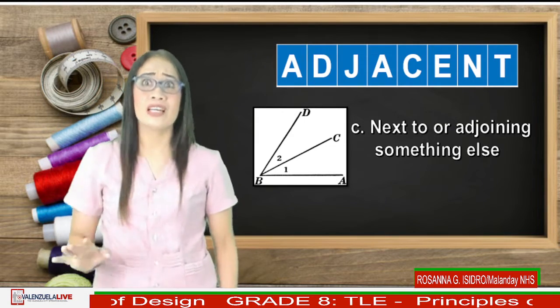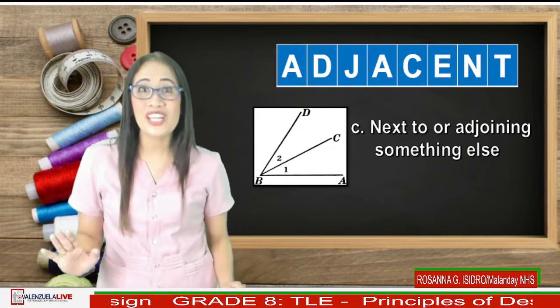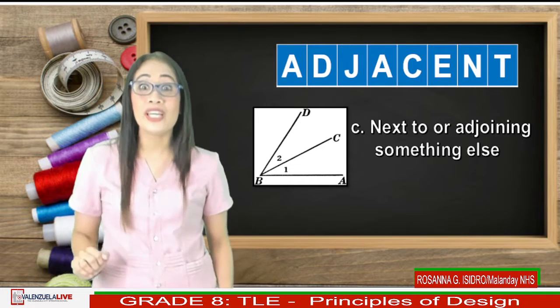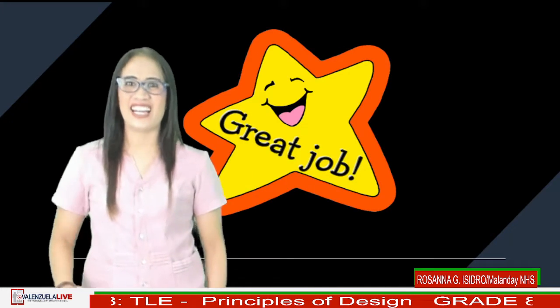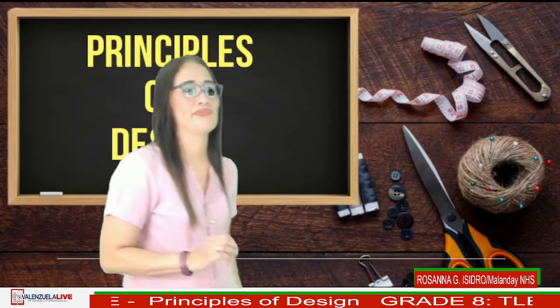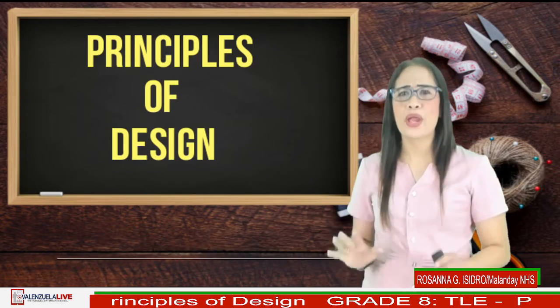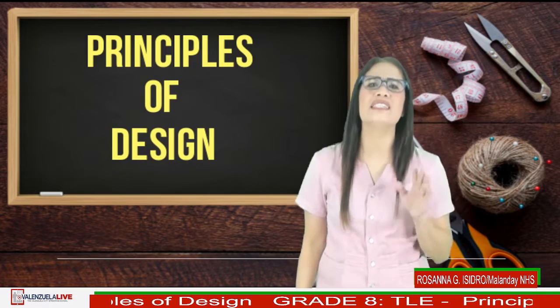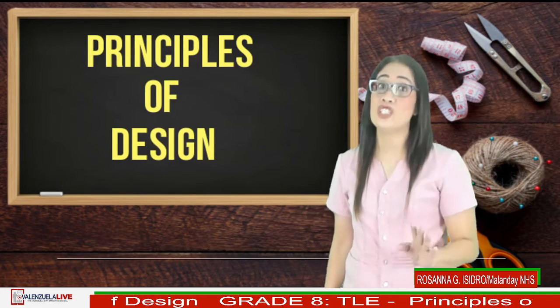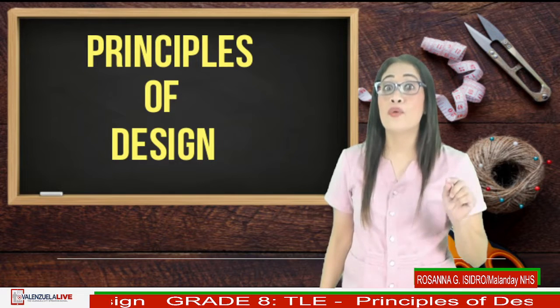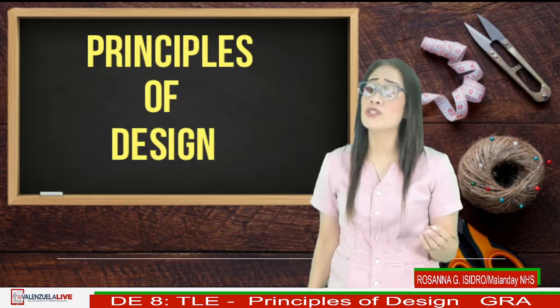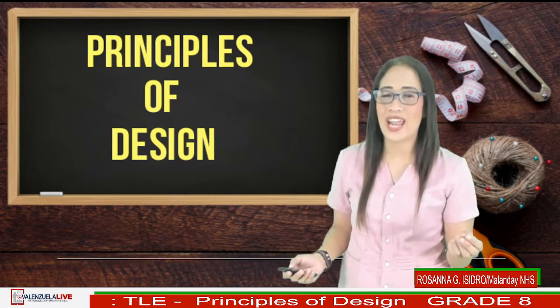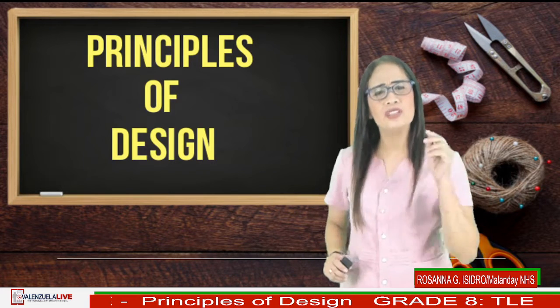That's great. So, what are we waiting for? Let's start with the principles of design. Always bear in mind that design is the arrangement of line, form, color, and texture with the purpose of achieving order and beauty.